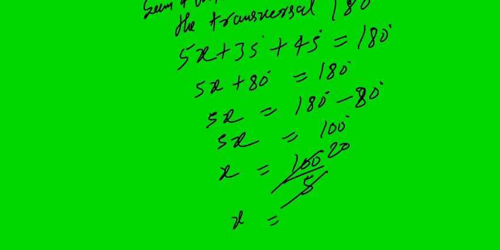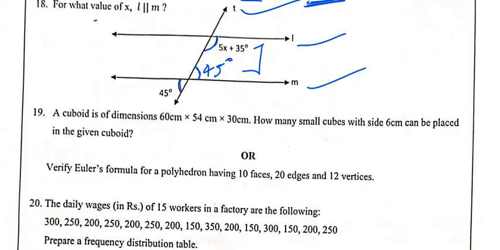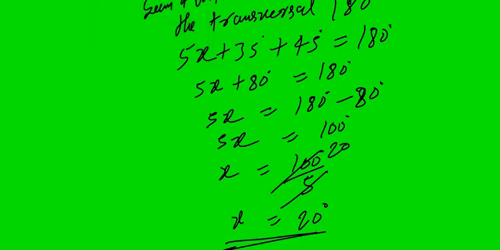So finally we will get x is equal to 20 degrees. Remember that the question asks for what value of x L is parallel to M. So we can find the value by using the transversal and parallel lines concept, and we have to find the value of x. x is equal to 20 degrees will be the answer.